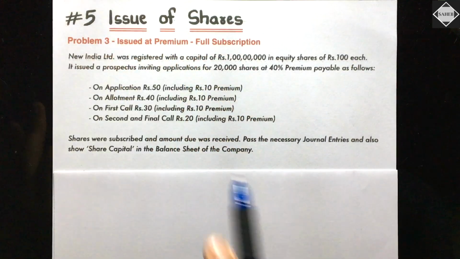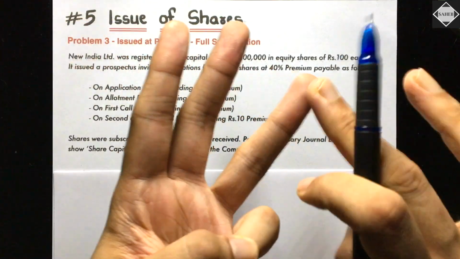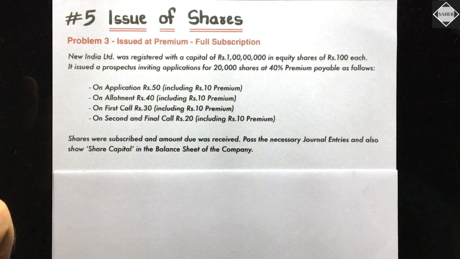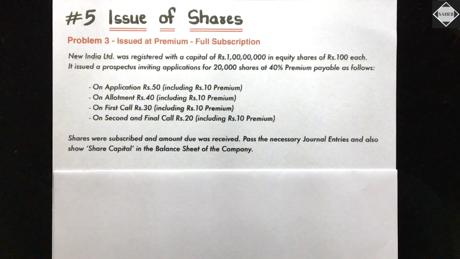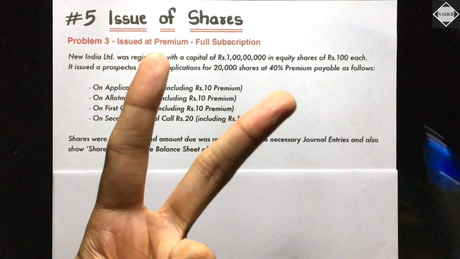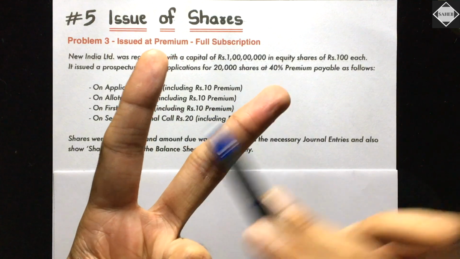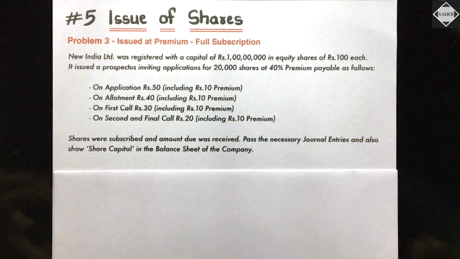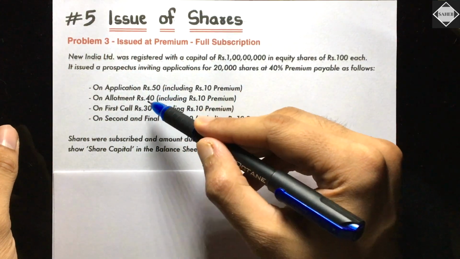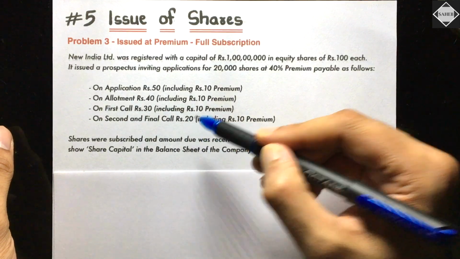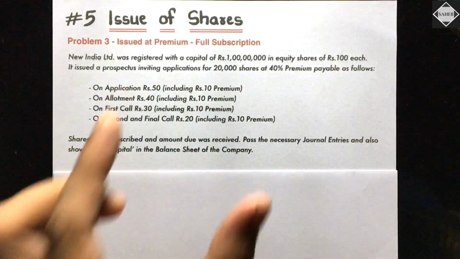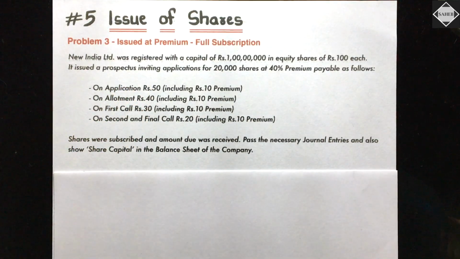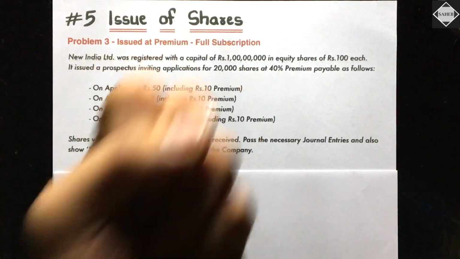In that 30 rupees, in the bracket, 10 rupees is premium. Do you understand this? On second and final call, they are saying we want 20 rupees. And in that 20 rupees, 10 rupees is premium. Fine. If you add all this, 50 plus 40 plus 30 plus 20, that is equal to 140 rupees issue price. This is how we are getting the issue price, the money.